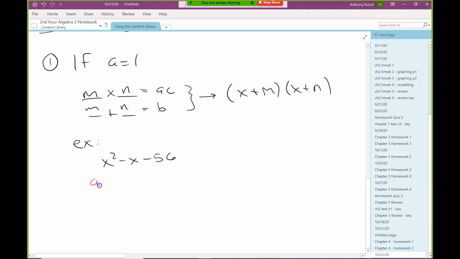We'd still want to start by identifying the values for A, for B, and for C. And we still need to find the 2 numbers that multiply to give us A times C and also add to give us B. Does anybody see those 2 numbers off the top of their head?